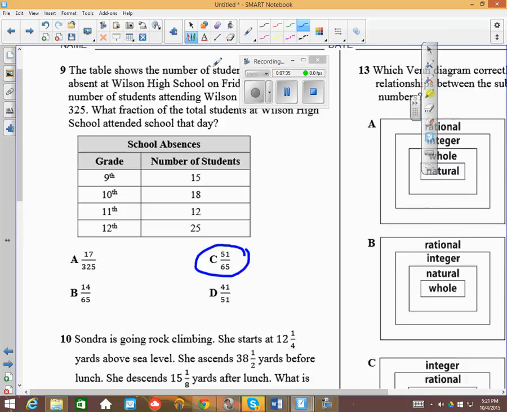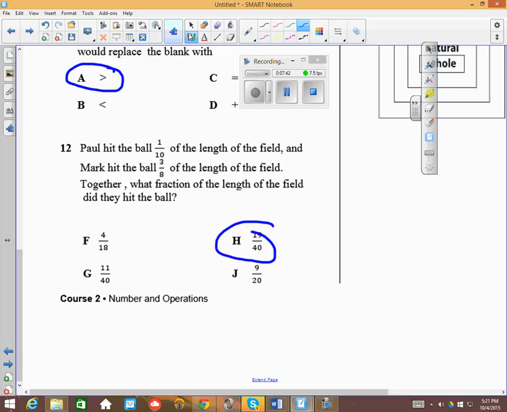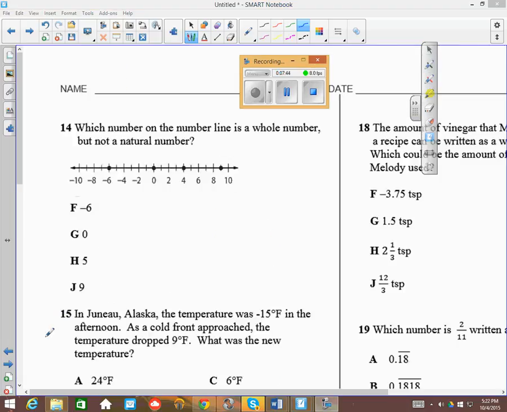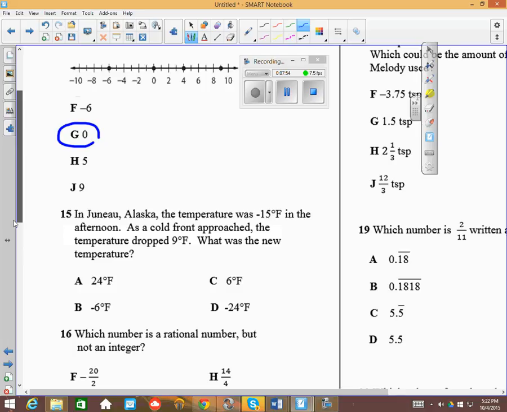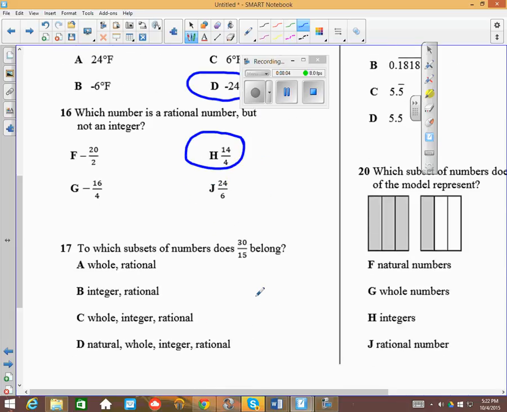So that's A. Okay, number 14 is G. You see the points on the line here, which is a whole way. I gave you a chart that you could have looked at for that. Now 15 is D.